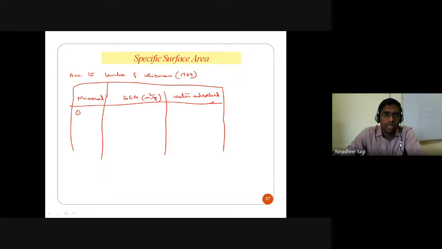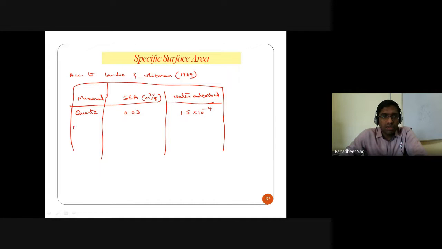Let's say it is a quartz mineral, which is predominantly available in coarse grain soil as well as in silty soil deposits. As the size of the particle is relatively large, the specific surface area of that quartz particle is approximately 0.03 meter square per gram, and if the specific surface area is less, then the water absorbing capacity of that mineral is also going to be relatively less, which was found to be approximately 1.5 into 10 to the power of minus 4.